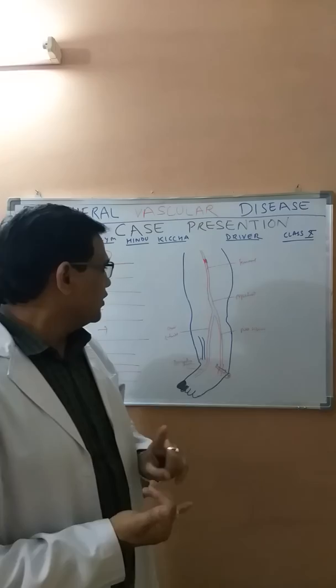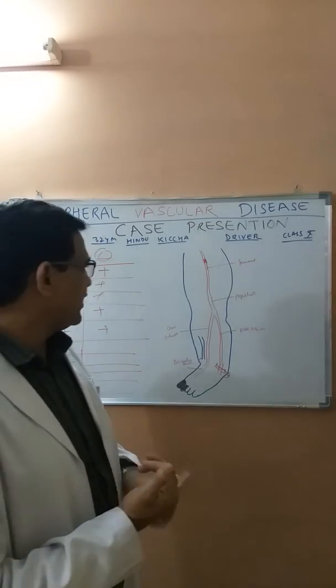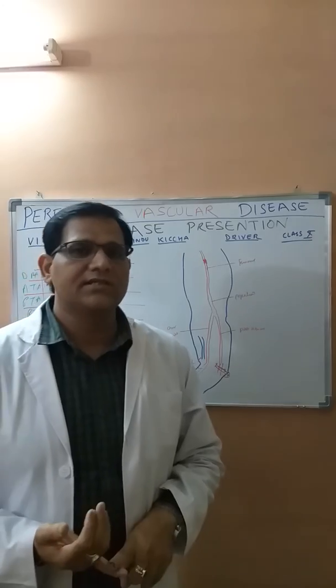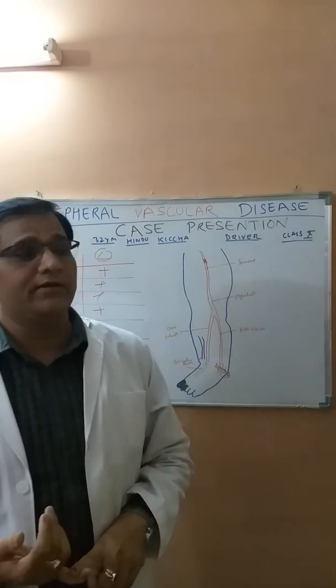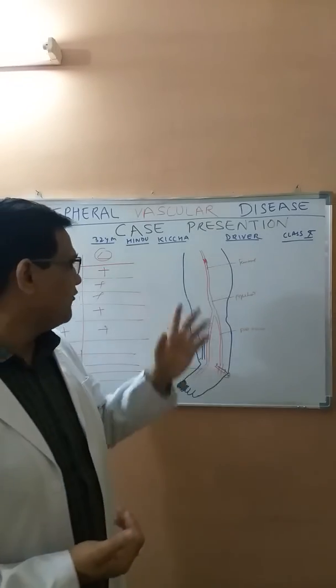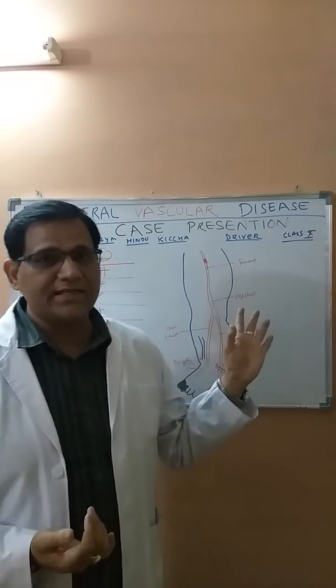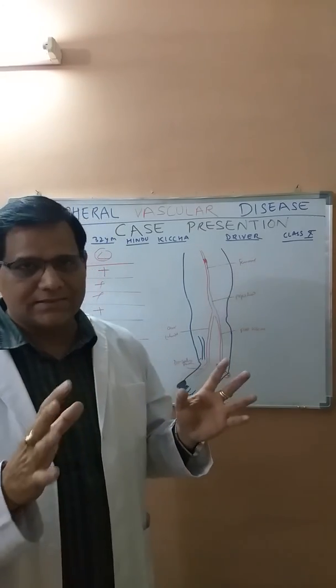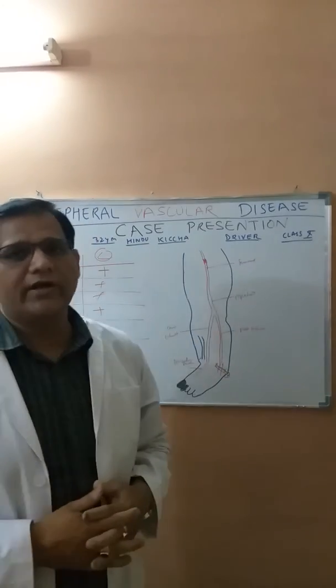Your X-ray, your routine blood investigation, your color Doppler study. Then another study we do is angiography or digital subtraction angiography. It is not available in all centers, but wherever it is available, you should subject the patient to DSA. That will make it clearer where exactly the thrombus is, so that you can locate it.